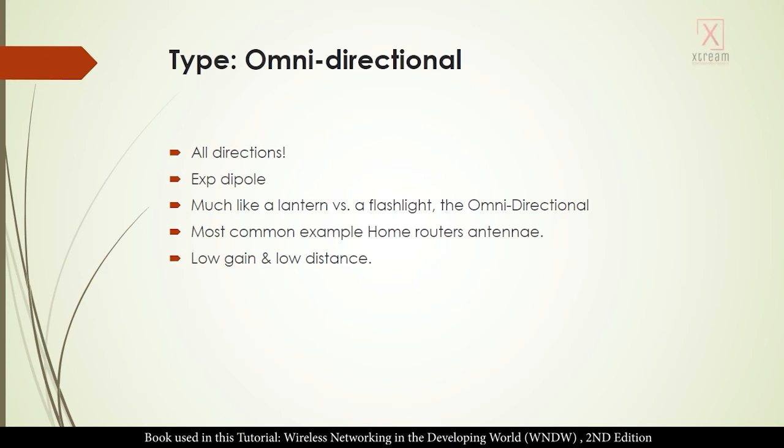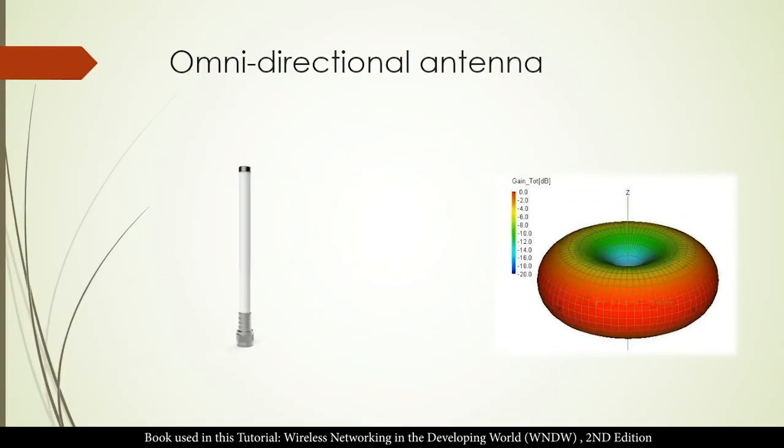We have a third type of antenna, which is omnidirectional. By omni it means that it will radiate the signal in every direction. Not really every direction, because when you see an omni antenna like this one, it will produce a donut-like shape.